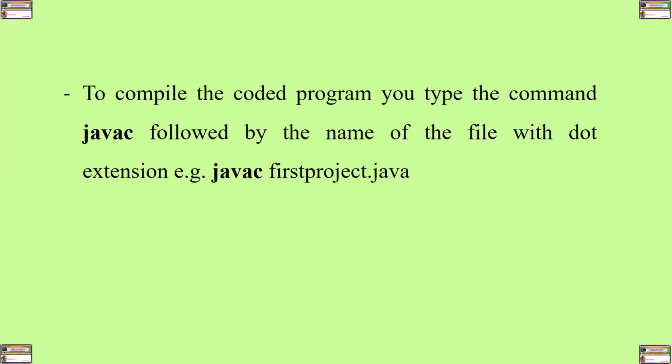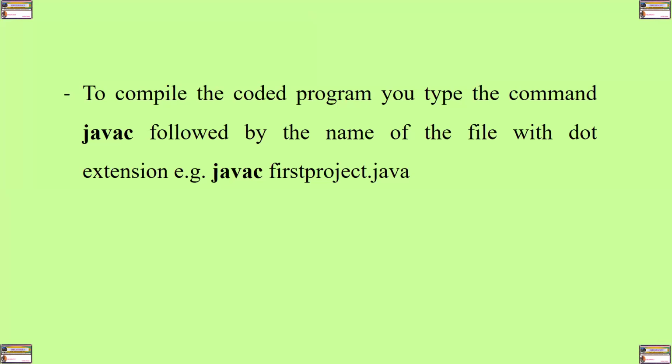To compile the coded program, you type the command javac followed by the name of the file with the .java extension. For example, if the name of your file is firstproject.java, ensure that at the command prompt, you type the command javac space the name of that project with its java extension.